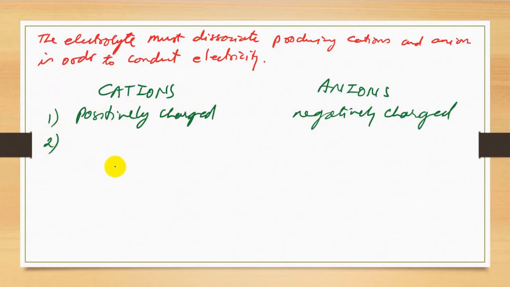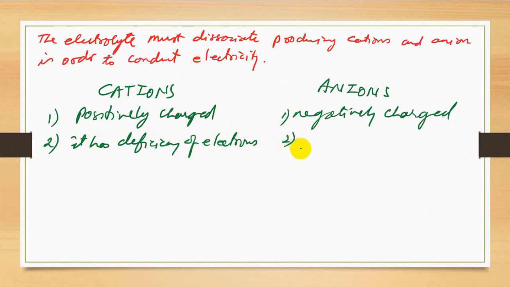The second thing, as I told you, positive means it has fewer electrons and negative means it has lots of electrons. So cations have a deficiency of electrons, whereas anions have an excess.